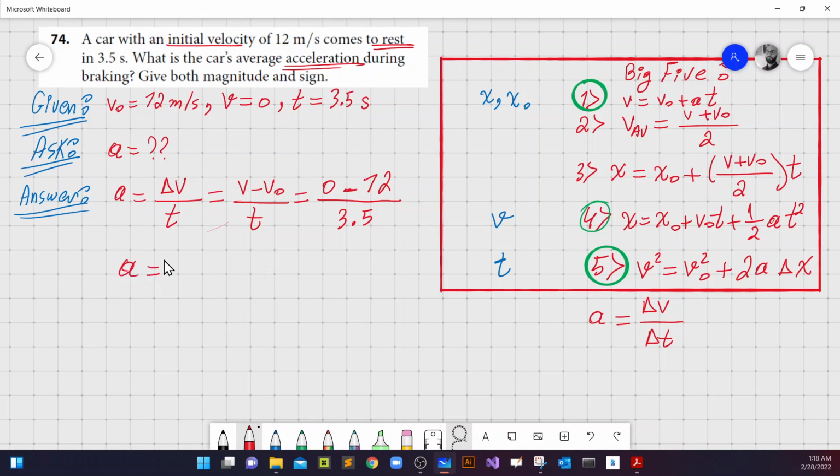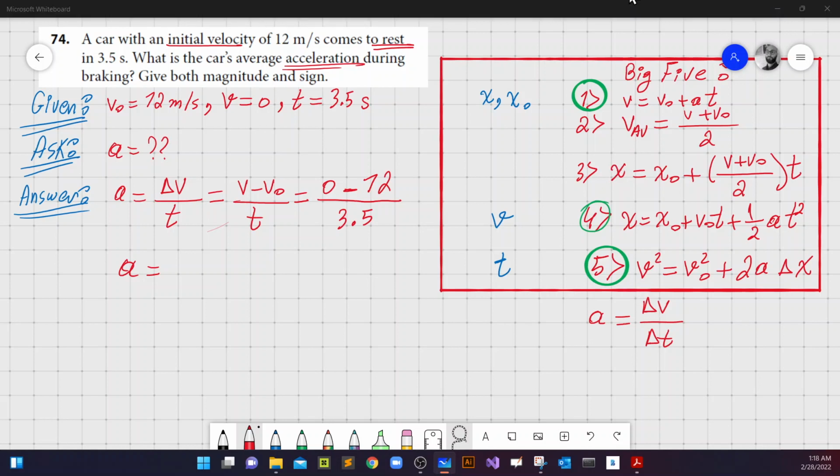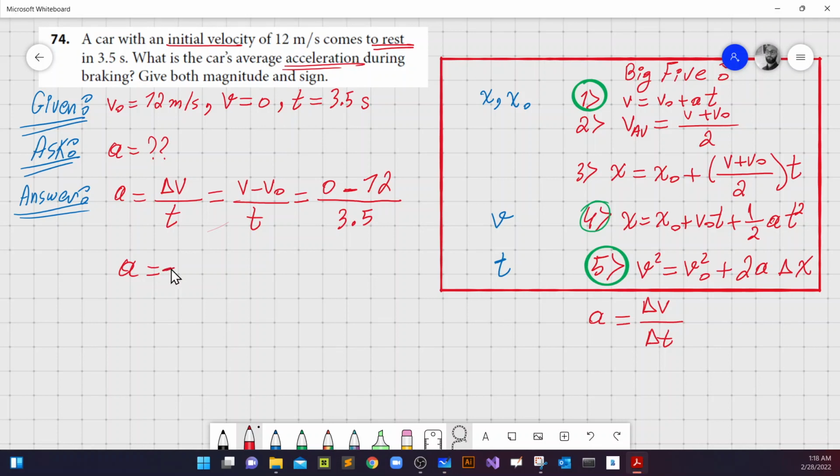Plug this into the calculator and finally we will get the answer, which is minus 3.4. What is the unit used here? Since the velocity is in SI unit, meter per second, and the time is also in SI unit, seconds, the final answer should also be in SI unit, and the SI unit of acceleration is meter per second squared.